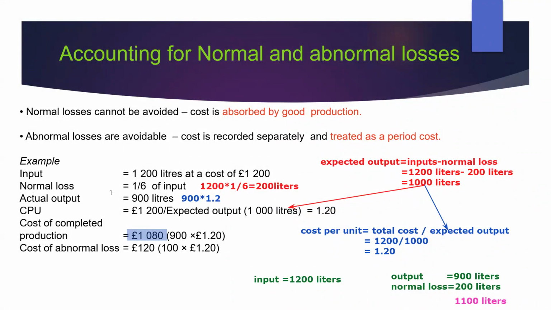Now just compare the input as well as the normal output. Input 1,200, whereas the total output with the normal loss is 1,100, which means there is a 100-liter difference. This 100-liter difference is known as the abnormal loss.